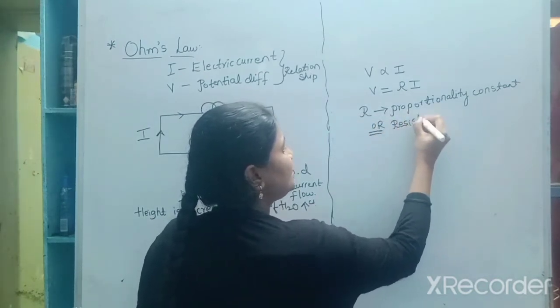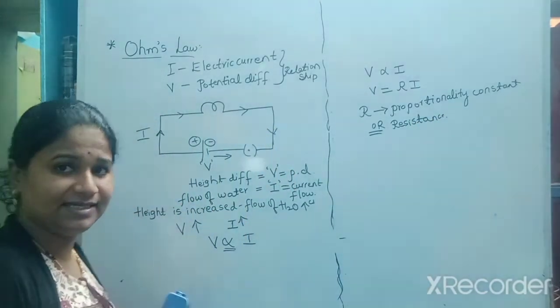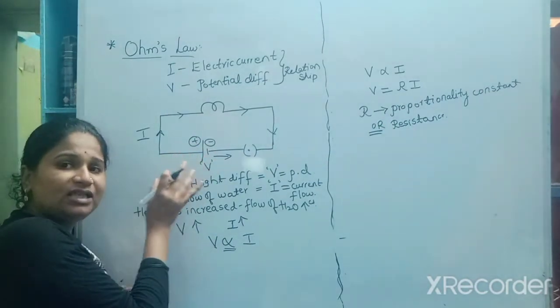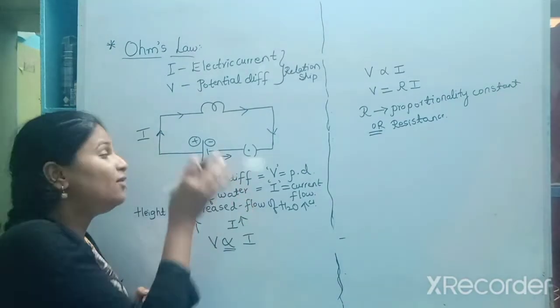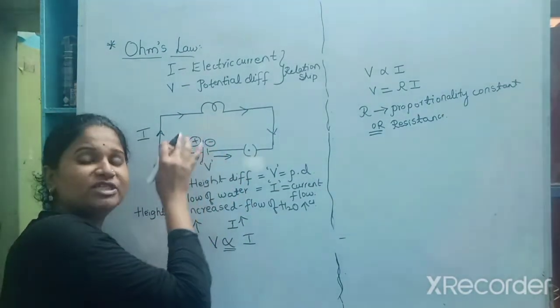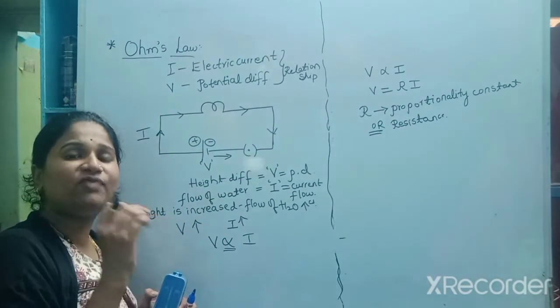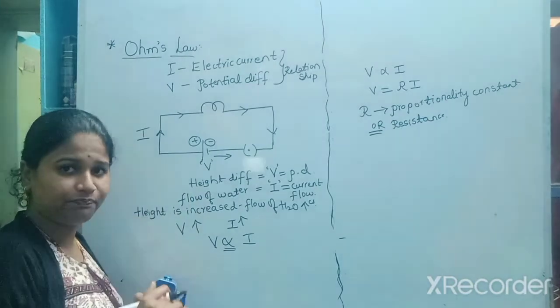It is called resistance. So what is this resistance? As you see, the chemical reaction inside the battery releases some external force or energy which makes the electrons displace from their actual position. That movement of electrons results in the production of electric current. This we know.